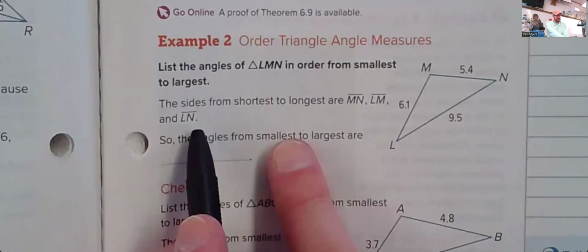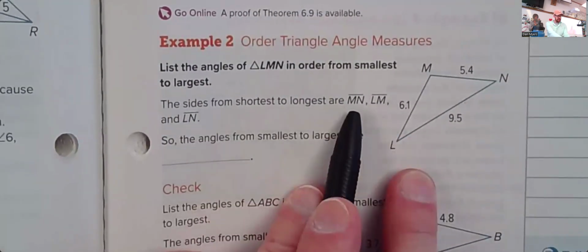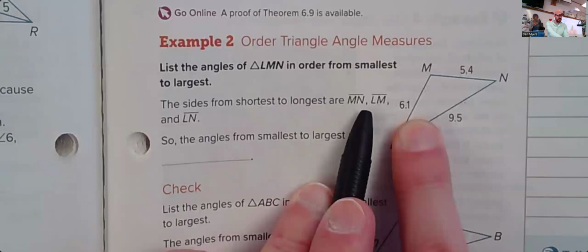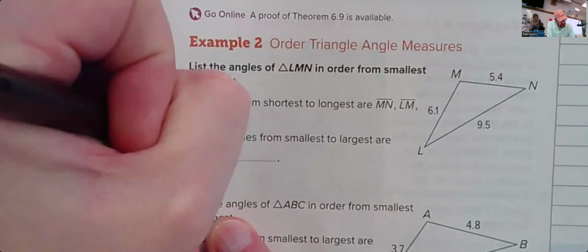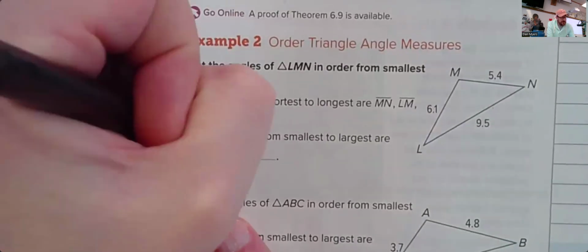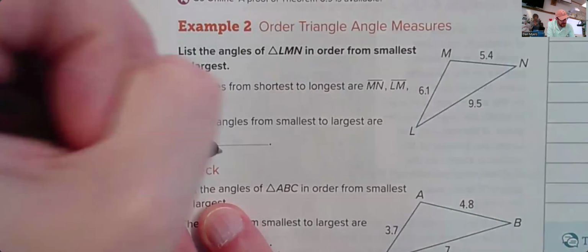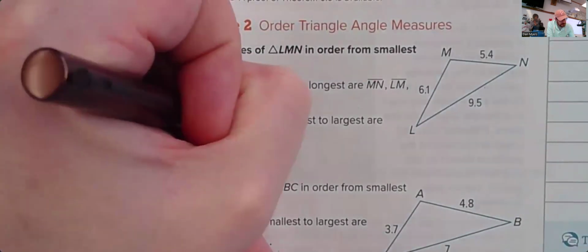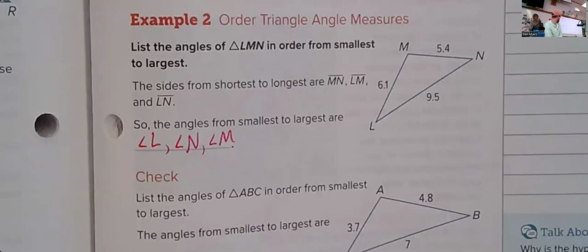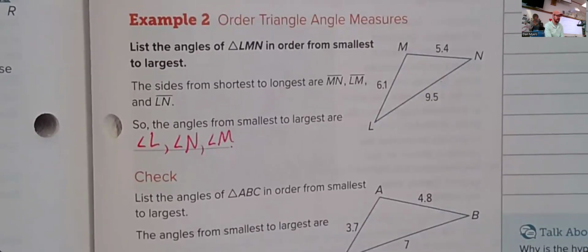The sides from shortest to longest are MN, then LM, 6.1, and then LN, which is 9.5. So in terms of the angles, the smallest angle is angle L, followed by angle N, and then finally angle M. So angle M is the largest, angle L is the smallest, and angle N is in between.